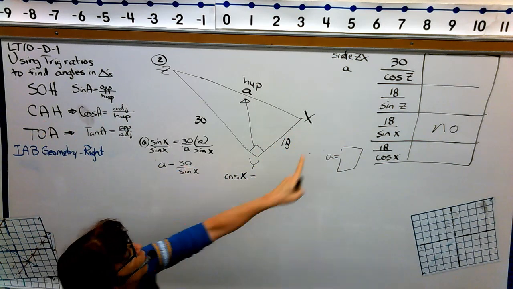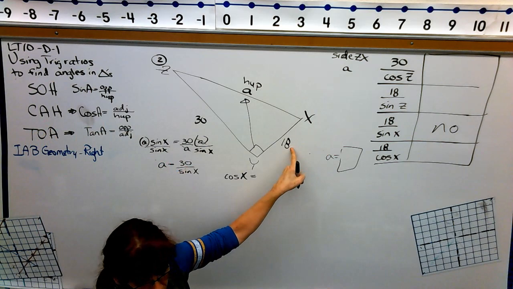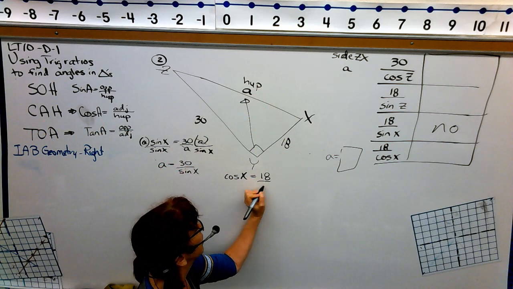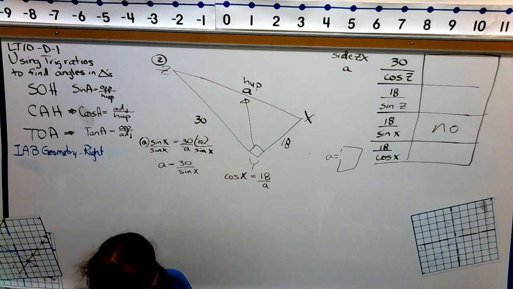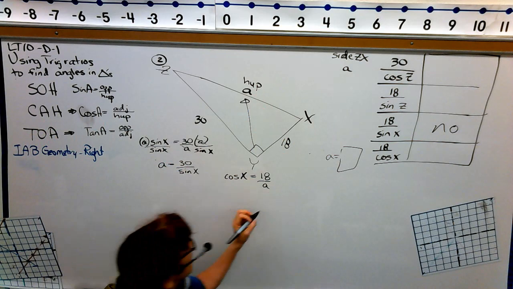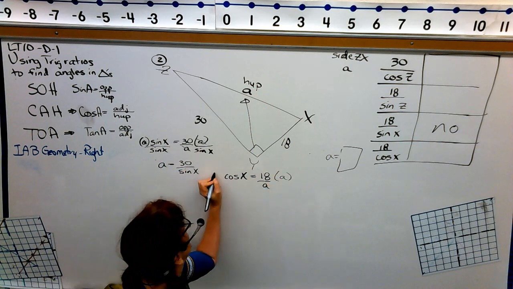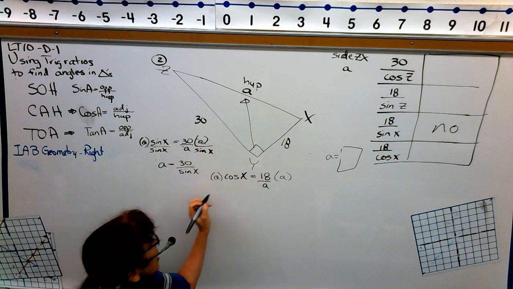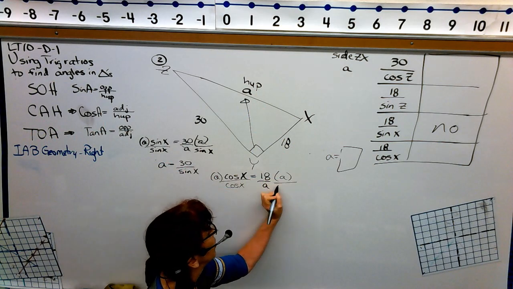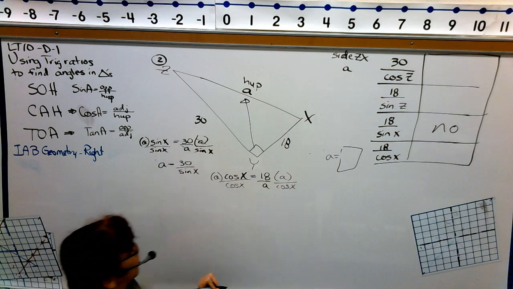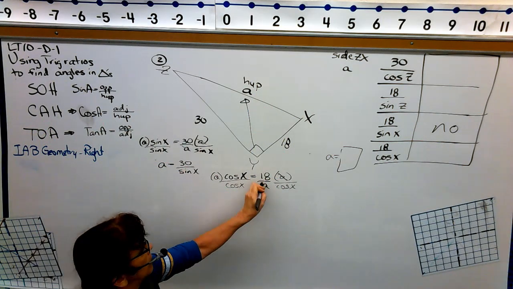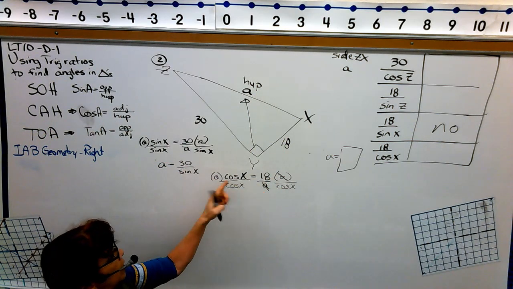I'm going to multiply both sides by A, and divide both sides by cosine of X. That got the A out of the denominator, and got the cosine to the other side. So A is equal to 18 over cosine of X. So this one's a yes.